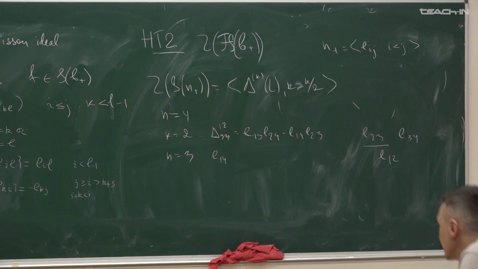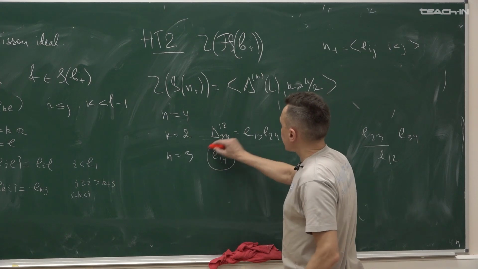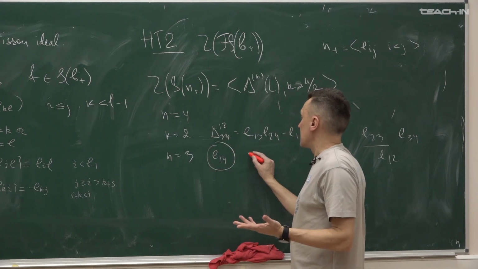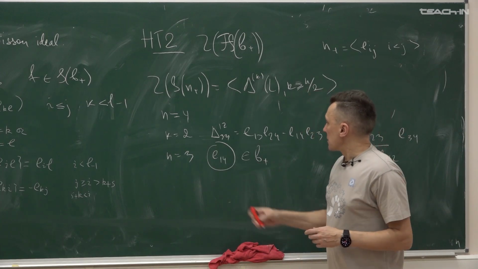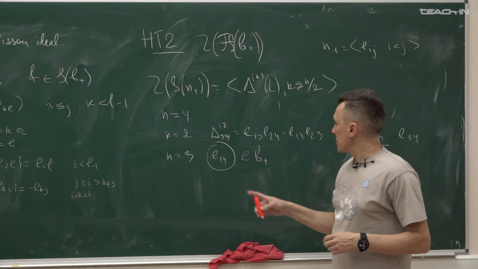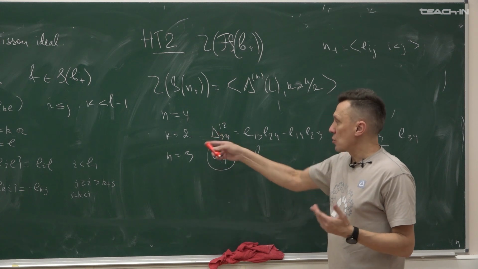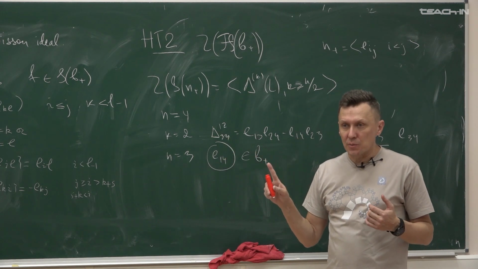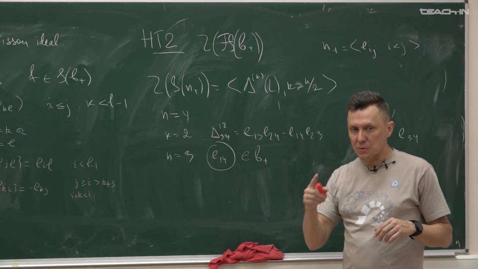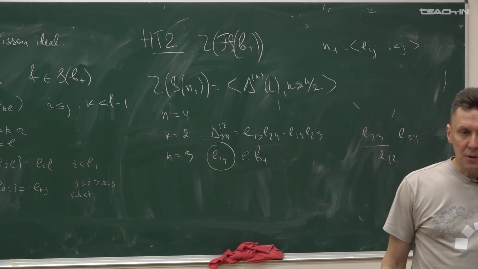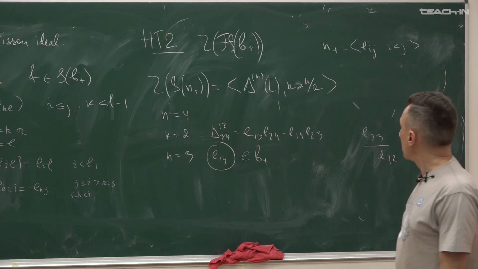So you see, for example, this generator is also in B plus, because n plus is a Lie algebra, and it commutes with all the nilpotent part, but does not commute with the Cartan part. So what to do?